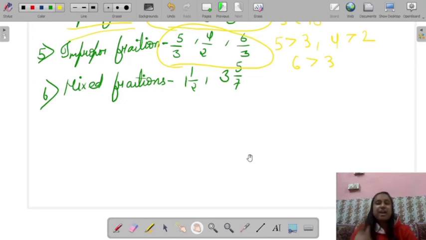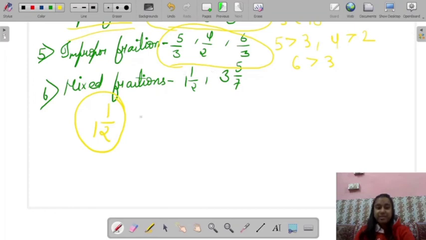Suppose you are having an apple, and then your friend came and gave you a half apple more. So now how much are you having? Now you would be having 1.5 apples. So this 1 and 1/2 is the sum of a natural number and a proper fraction.